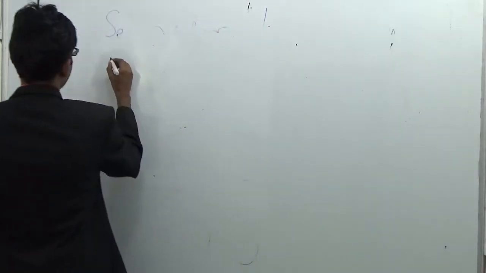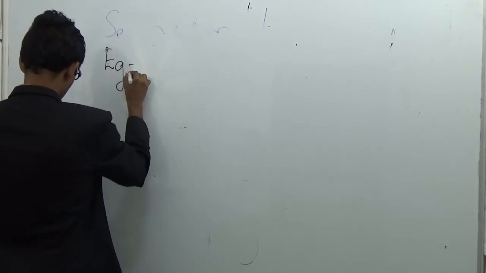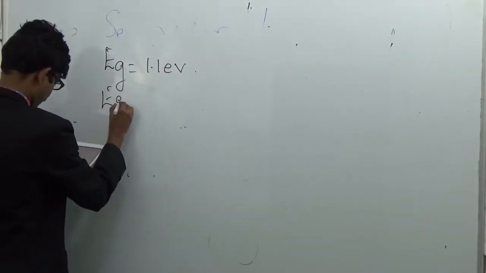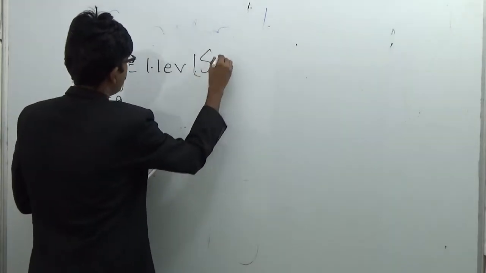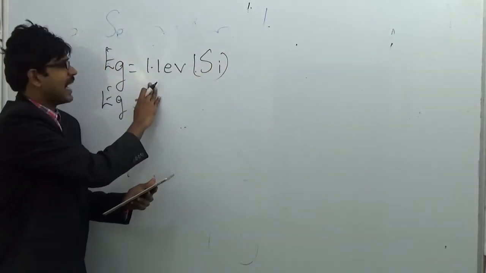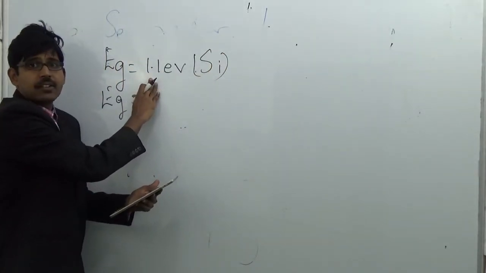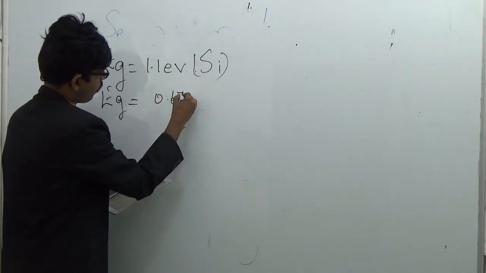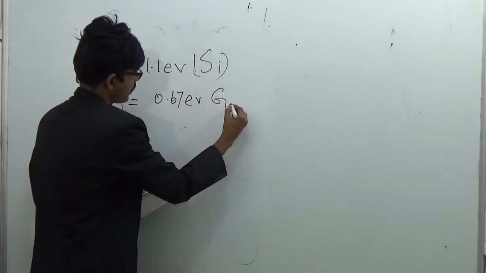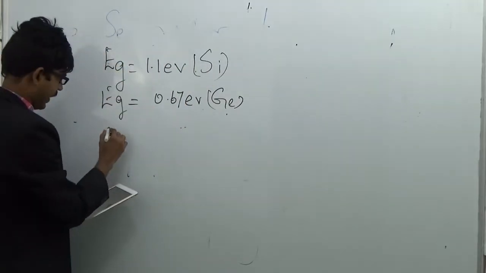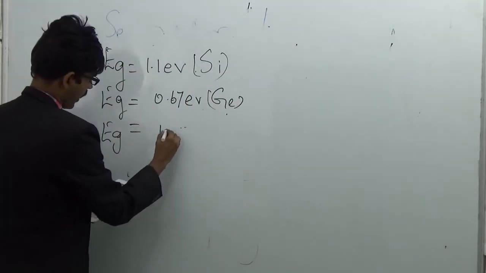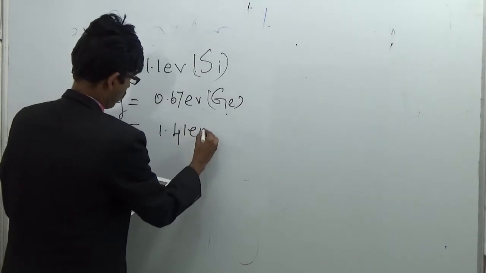Eg is going to be equal to 1.1 electron volt for a silicon. For a silicon, the band gap energy is 1.1 electron volt. For germanium, it is going to be 0.67 electron volt. For gallium arsenide, it's going to be 1.41 electron volt.